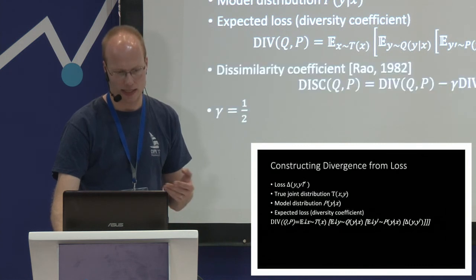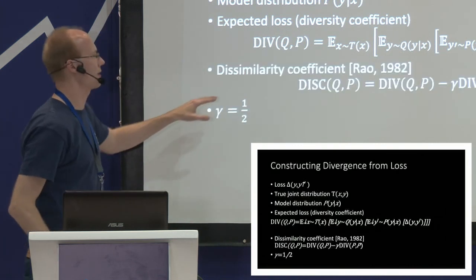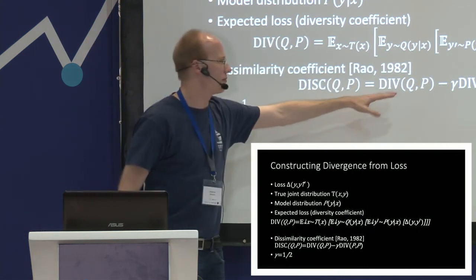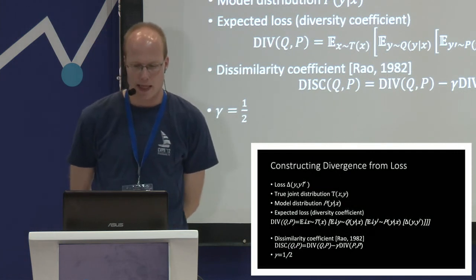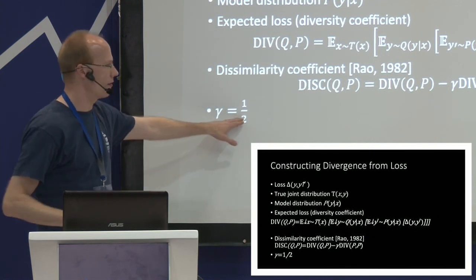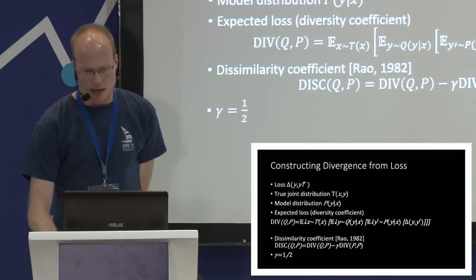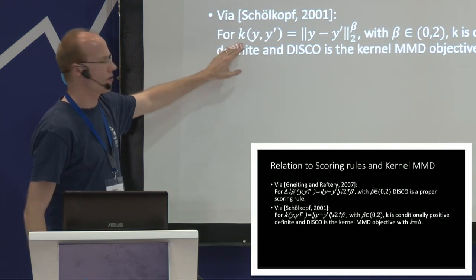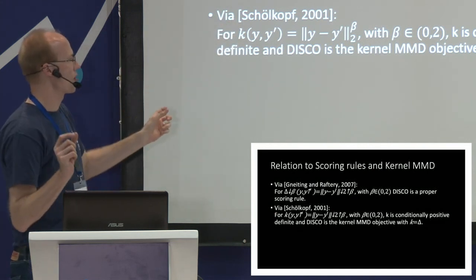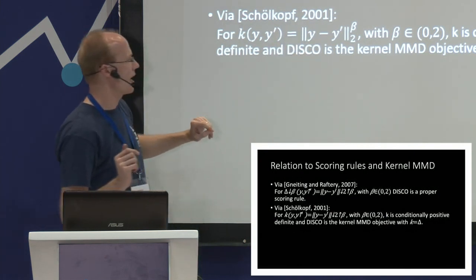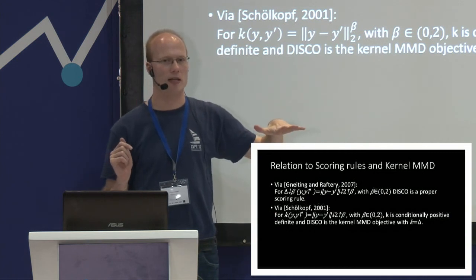Basically, the work that we arrived at this objective function dates back to a paper from Rao in 1982, who already proposed this type of statistical functionals. And there's a particular choice of weighting these two terms, which is 1/2. So it struck us that there is a nice connection: if you choose particular losses, then you actually have kernel functions, so conditionally positive definite kernel functions, and then this corresponds exactly to the kernel MMD objective.